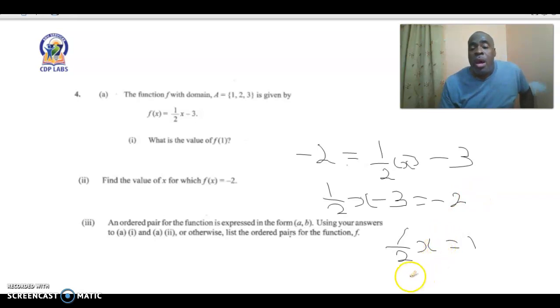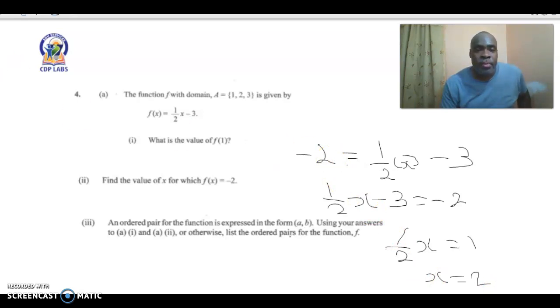Now, half of what number is equal to 1? That must be 2. So x is equal to 2. That is the answer for x.